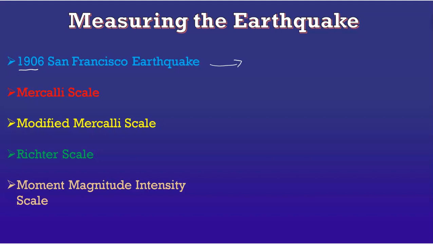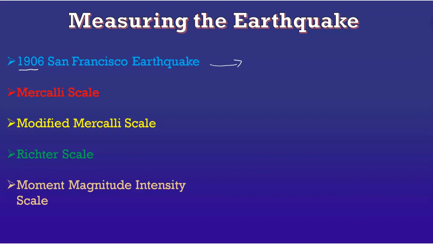But it also gave scientists in California, especially, and seismologists, the ability and the opportunity to study a large earthquake up close and personal and generate a lot more data, information, and ideas about what these earthquakes were, why they shake the ground, how long they last for, and the seismology of the earthquake. So the functionality, how it actually works, the processes that are going on within the earth.